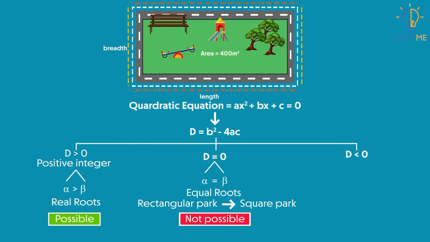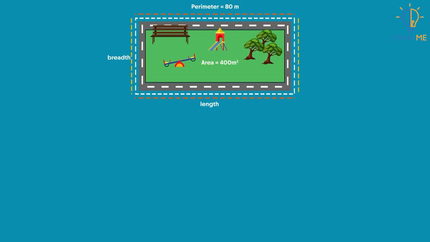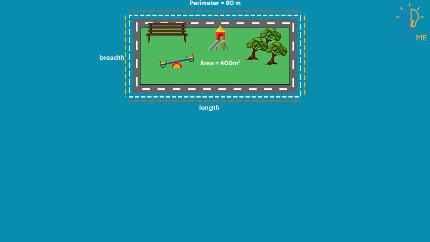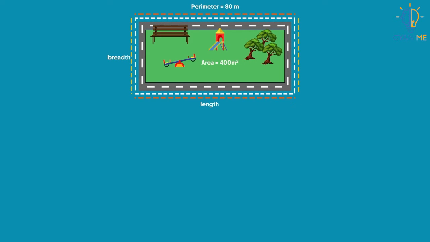Or if D is less than 0, then there will be no roots and hence it is not possible to design a rectangular park of the given specification. So students, let's frame the quadratic equation and find out whether we can design such a rectangular park or not.